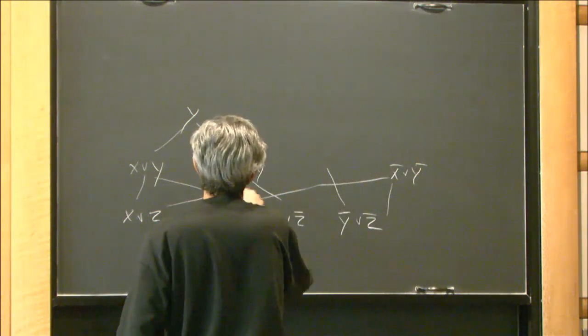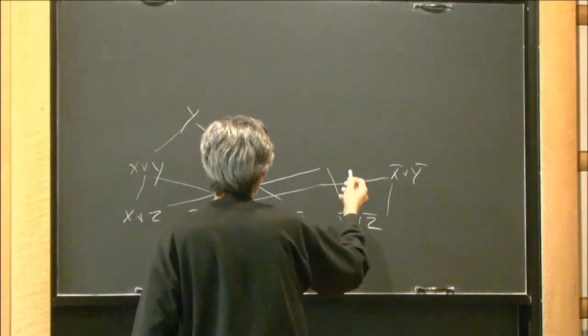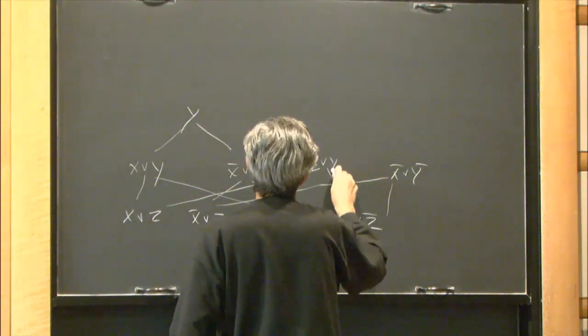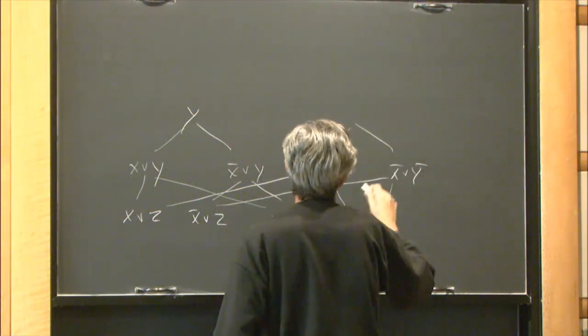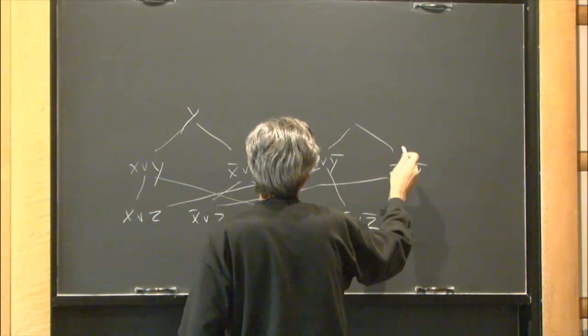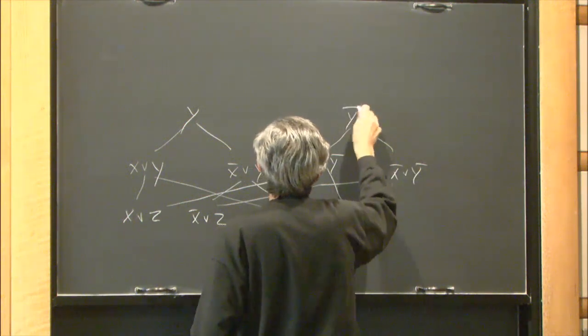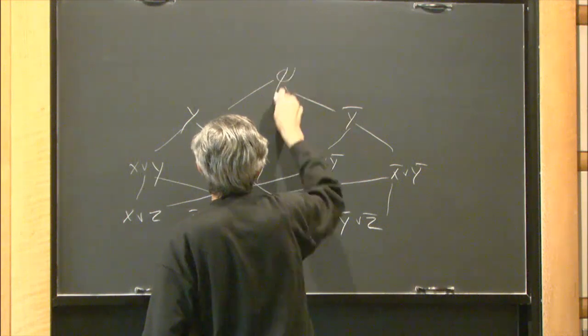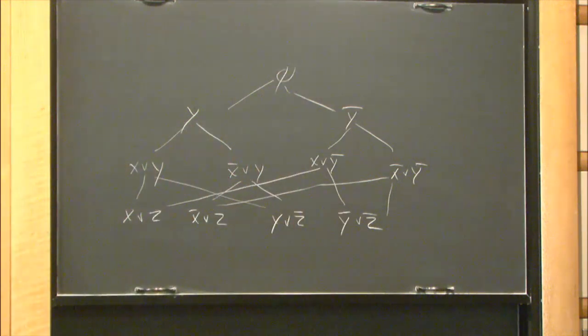I can resolve this on the Z variable, and I get X or Y bar. I can resolve these on the X variable to get Y bar, and I resolve these two on the Y variable, and get the empty clause. Okay? So that's an example.